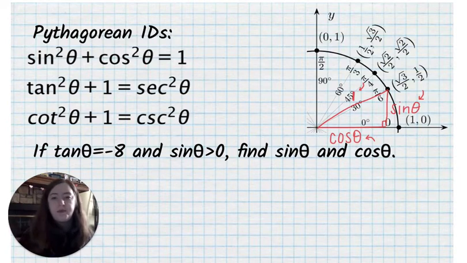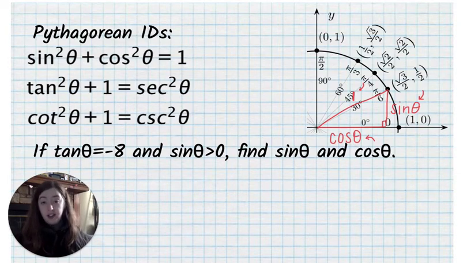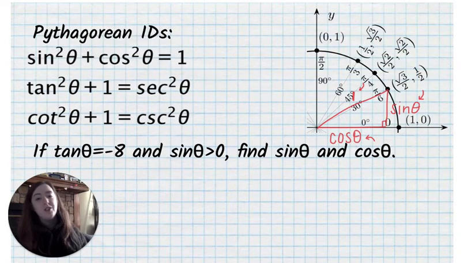Cool. Okay, so now they're going to tell me that tangent is equal to -8, and sine is greater than 0, so find sine and cosine. So remember, tangent is two values that are going to simplify to be -8. It's a ratio.